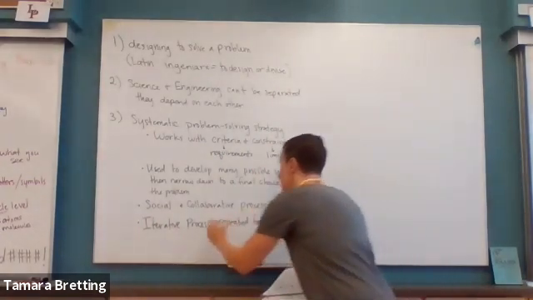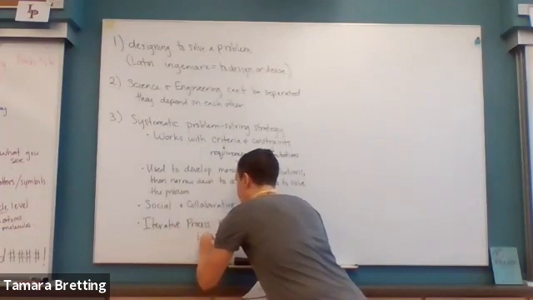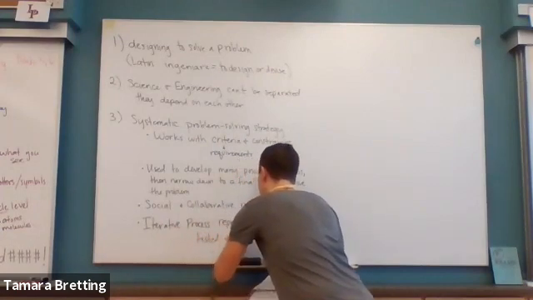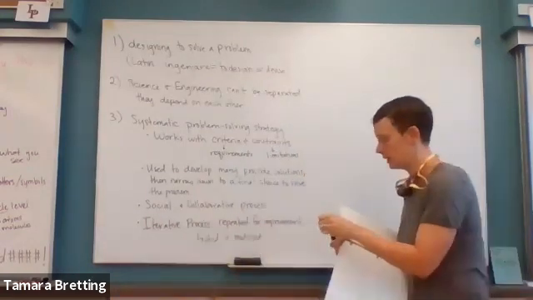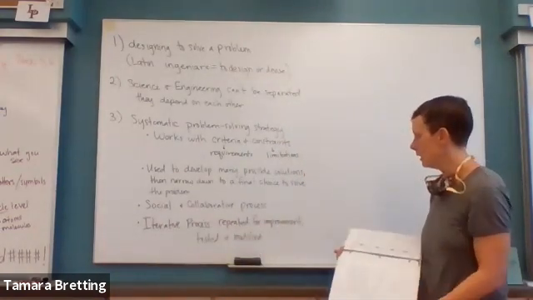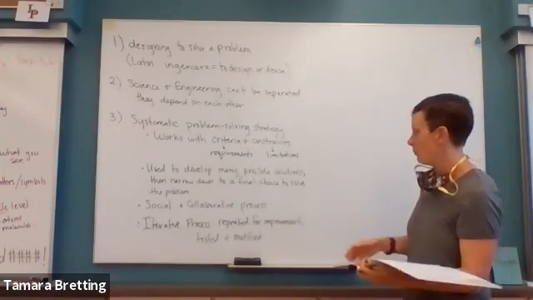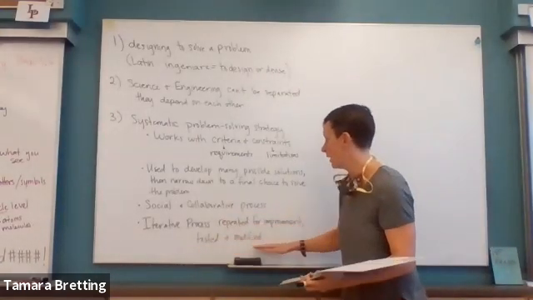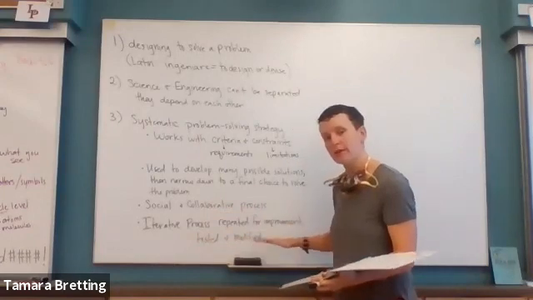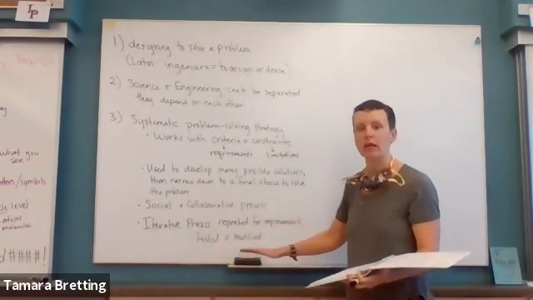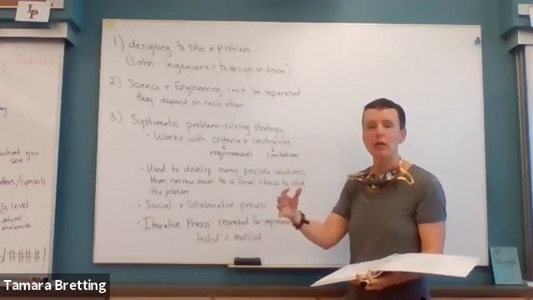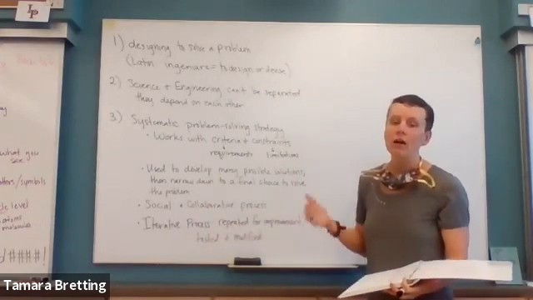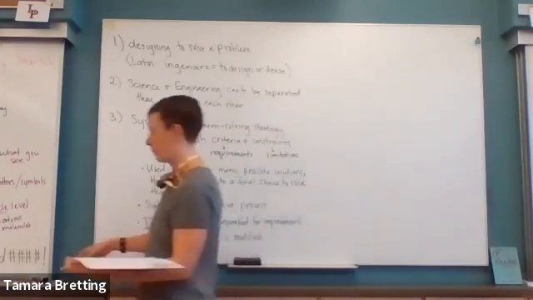So when you test things, you modify them, then you repeat and you test them and modify them, and that's kind of what we do when we're trying to engineer something. We're going to go through this process several times until we can really hone in on the perfect solution.